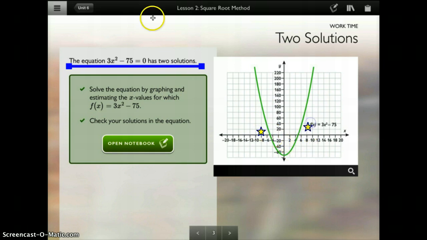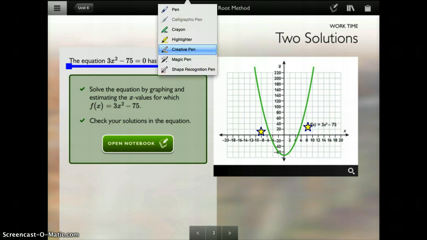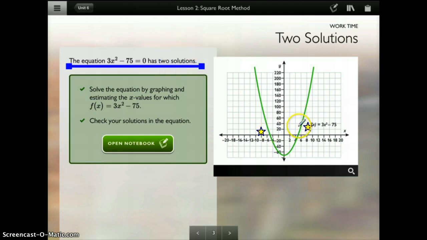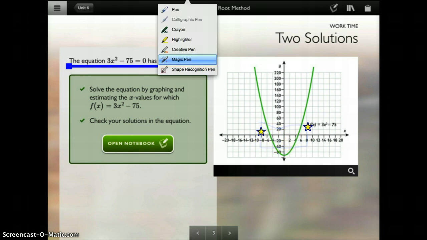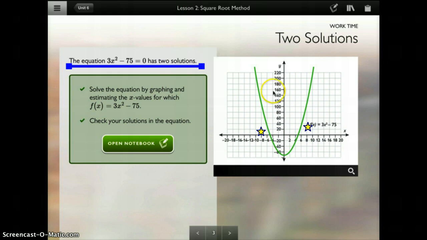Okay, so if we zoom in a little bit, I think it's square. If you zoom in, it looks like it's somewhere between 4 and 6. I'm going to guess that the solution for this one is going to be 5.